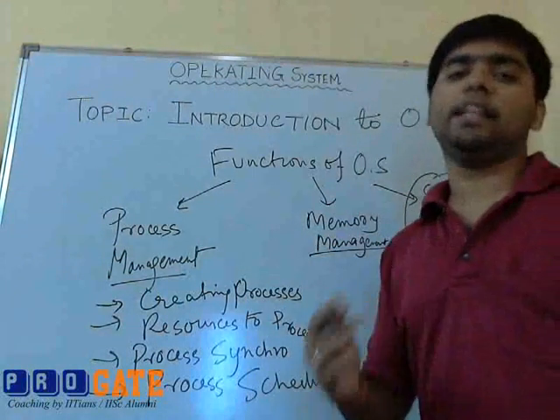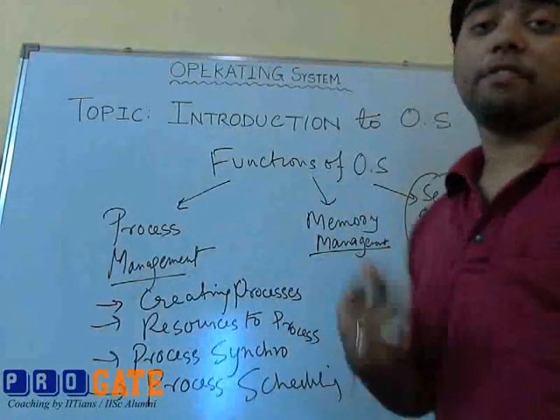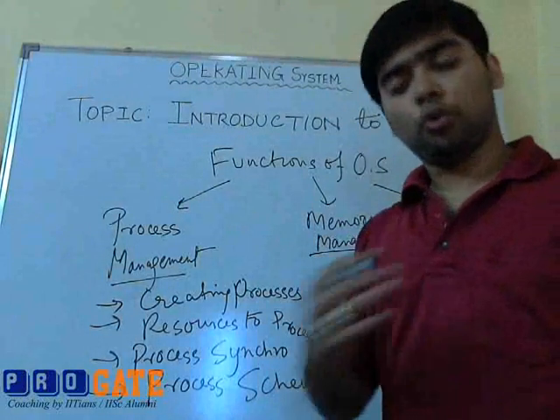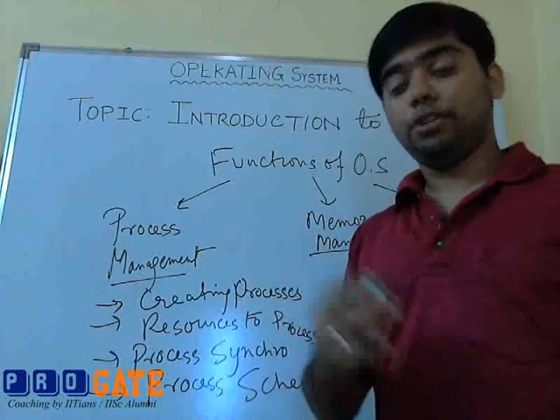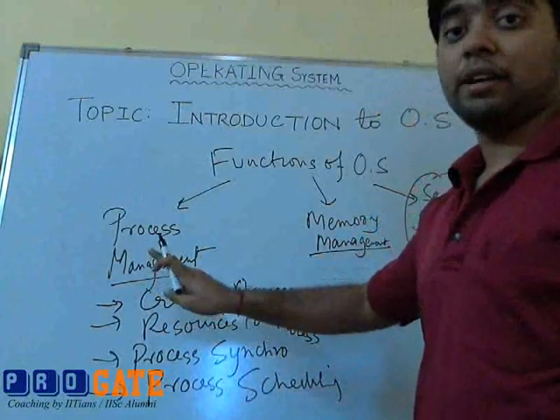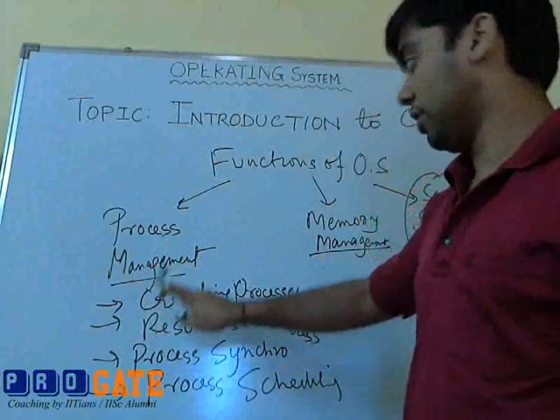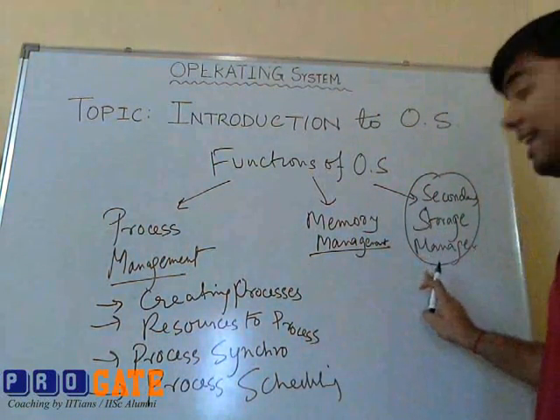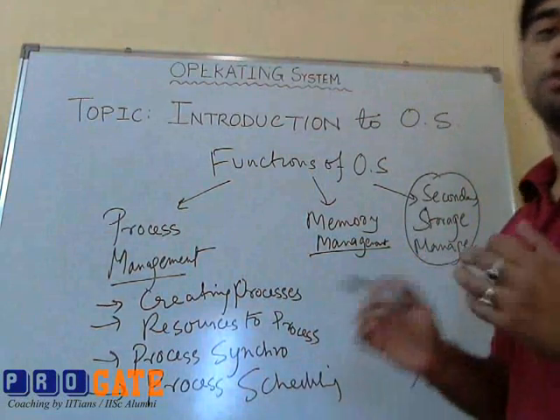Now there are many other operations or many other functions that an operating system does, and we would look through them in details during the series of these lectures. But these three are by far the most important: process management, memory management, and secondary storage management, along with input-output management.